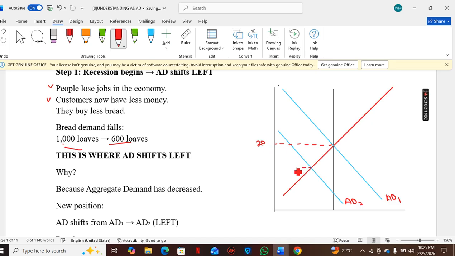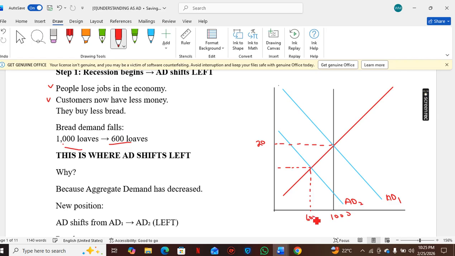Because if you have seen demand drop to 600 and you continue producing those 1,000 loaves, they'll just remain and they might get damaged. I'm just going to be updating these graphs. So from 1,000 loaves, demand has dropped to 600 loaves.